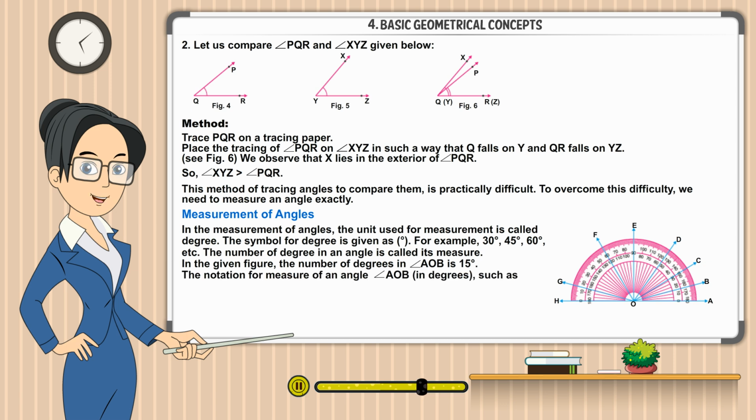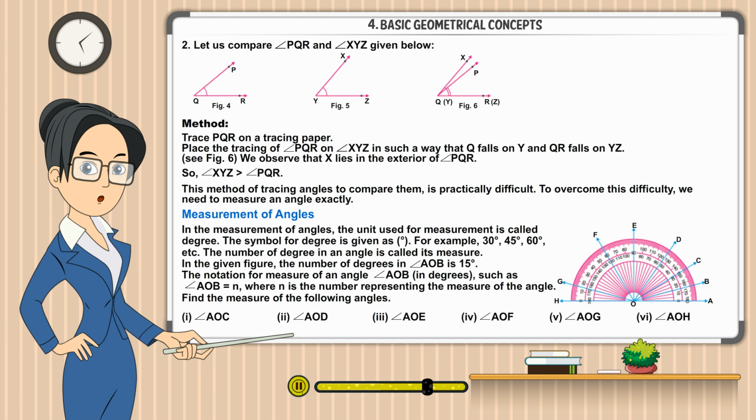The notation for the measure of angle AOB in degrees is m∠AOB = n, where n is the number representing the measure of the angle. Find the measure of the following angles: angle AOC, angle AOD, angle AOE, angle AOF, angle AOG, angle AOH.